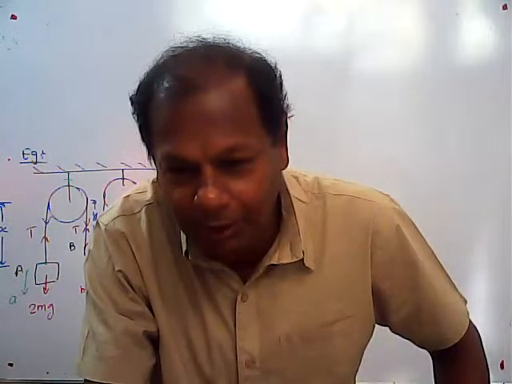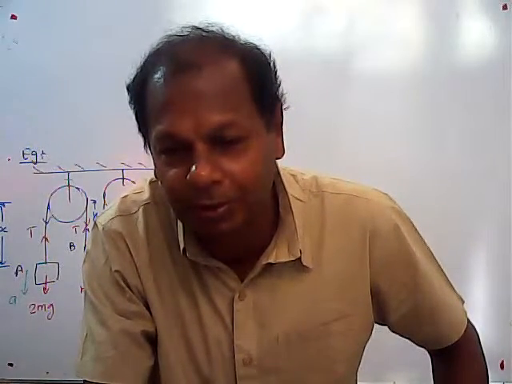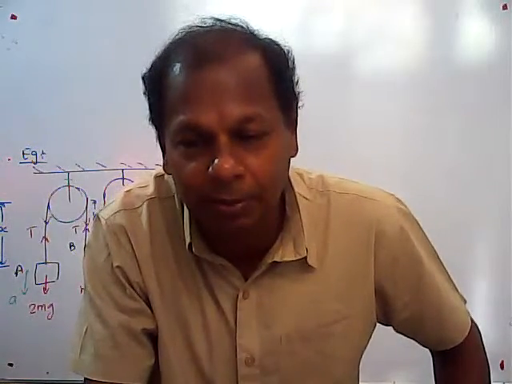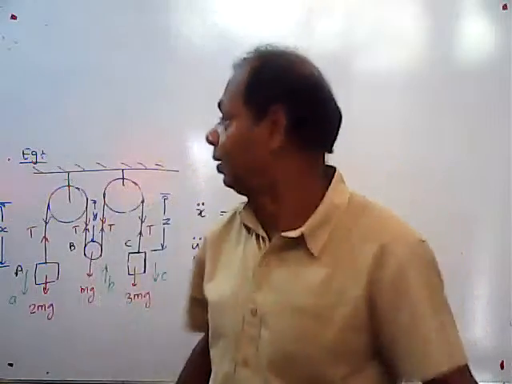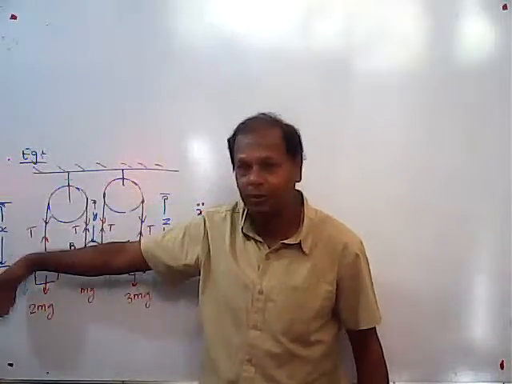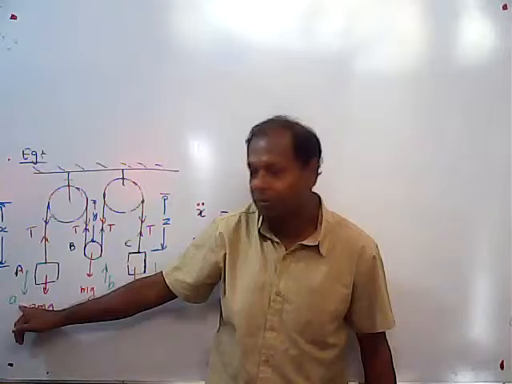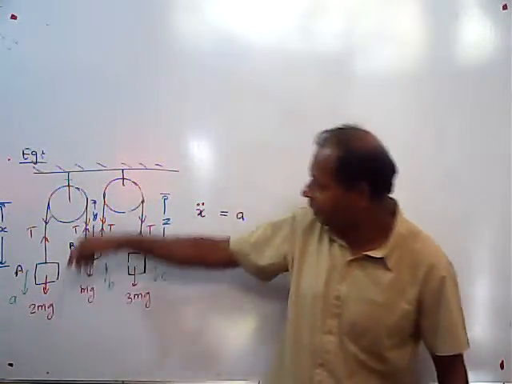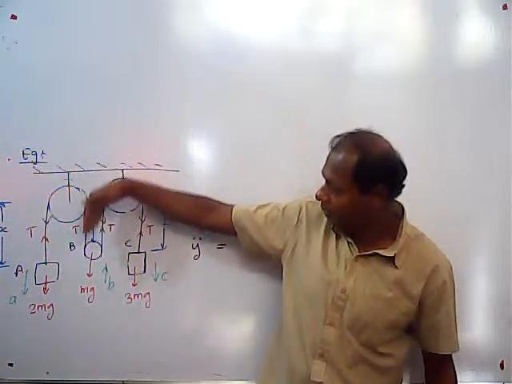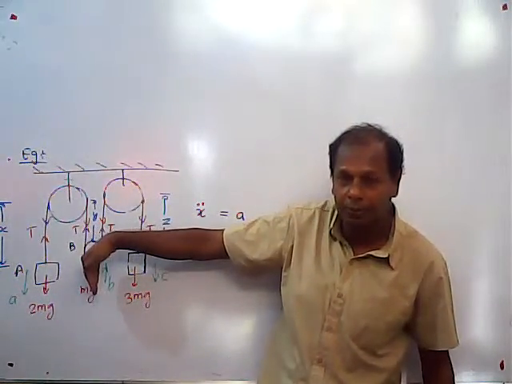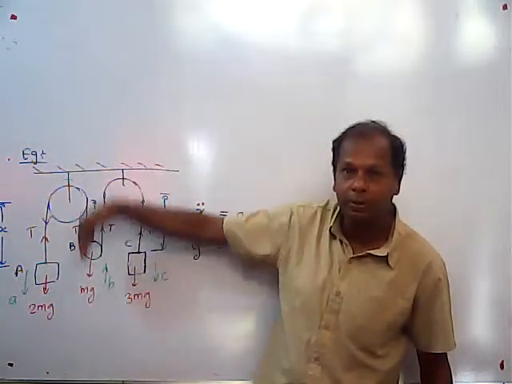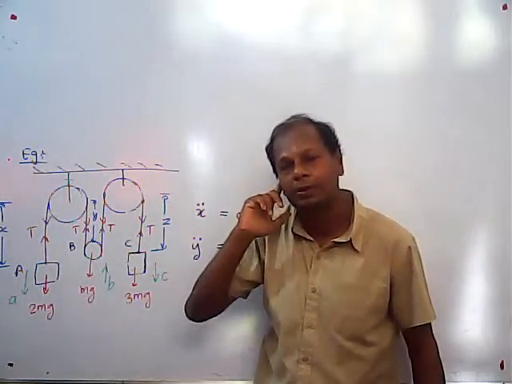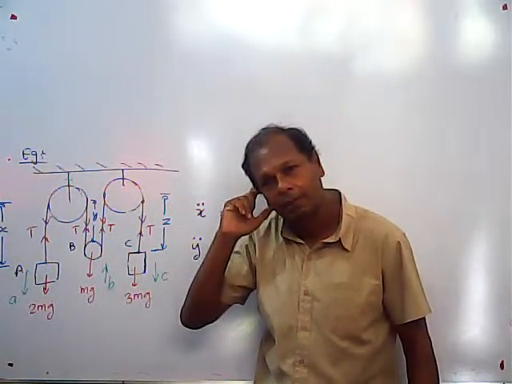Is that clear, everybody now? x double dot is measured downwards, and we have taken a also downwards. Therefore, x double dot is directly equal to a. This time, y is measured downwards, so y double dot is this way, but we have taken b upwards. Therefore, y double dot should be equal to minus b.